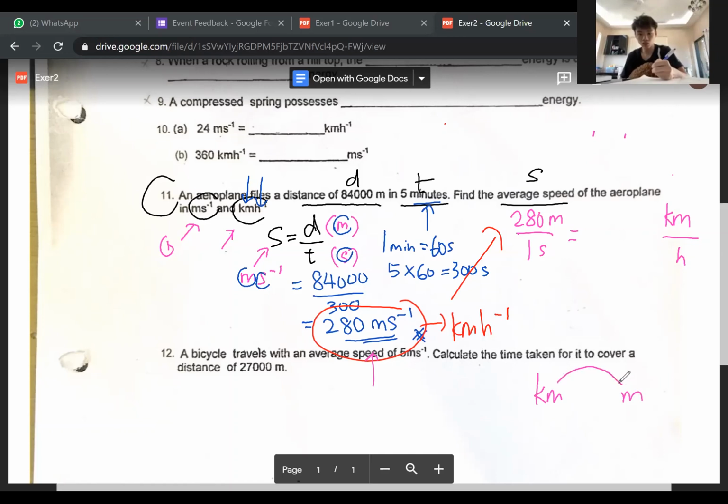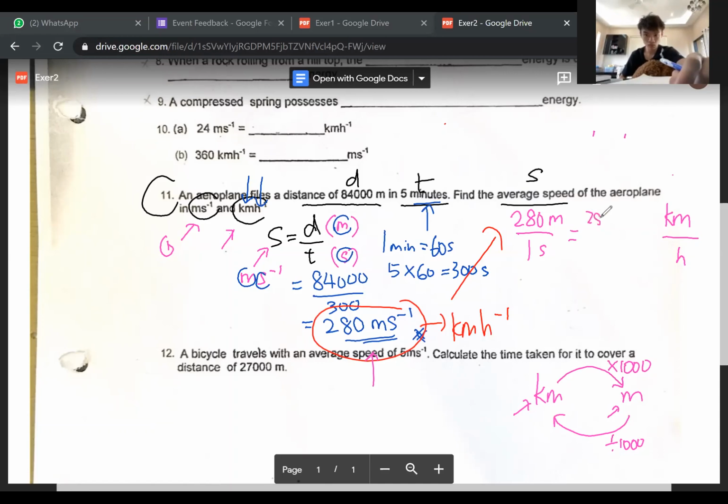From km to m, your prefix kilo, what do we do? We check which is bigger. Km is bigger than meter. So bigger to smaller, times 1000; smaller to bigger, we divide 1000. So meter to km, we divide 1000.